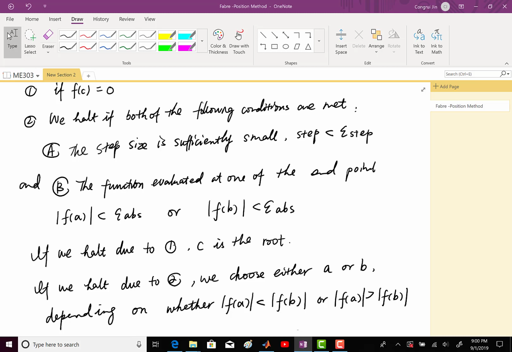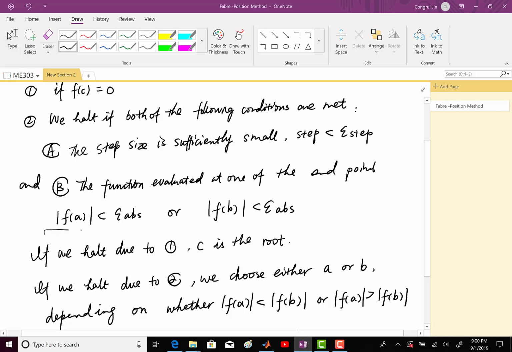And condition B is that the function evaluated at one of the endpoints should be sufficiently small. So we have the absolute value of FA is less than a constant, which is epsilon ABS, or the absolute value of FB is less than epsilon ABS.